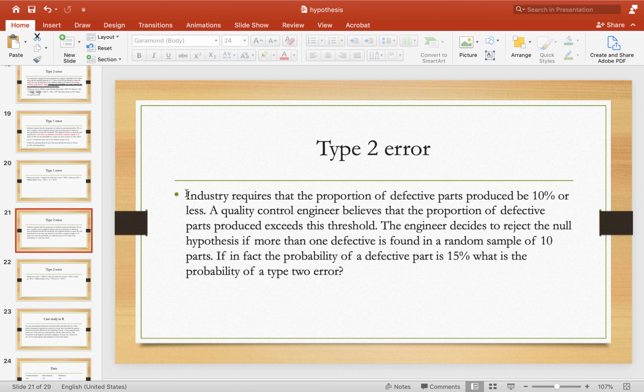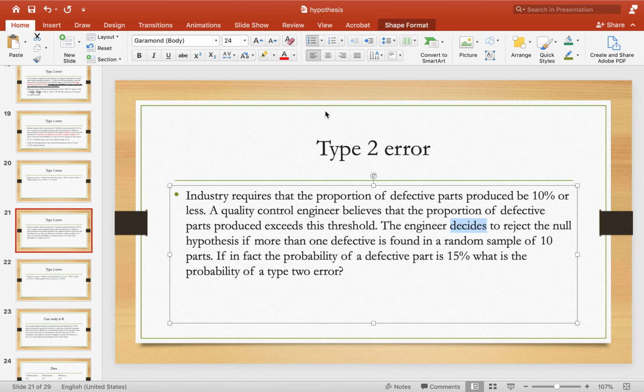Let's do another example of a type 2 error. It's the same problem, and the engineer has the same rejection criteria: more than one defective part found in a random sample of 10. But we're being told in this example that the probability of a defective part is 15%, meaning the alternative hypothesis is true, because the industry standard, what's believed to be true, is that it's 10% or less.